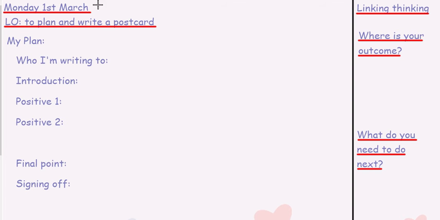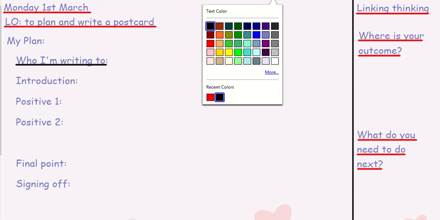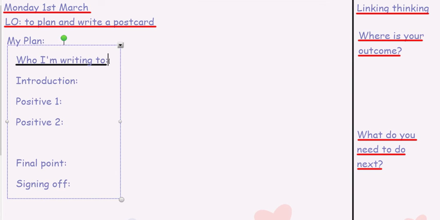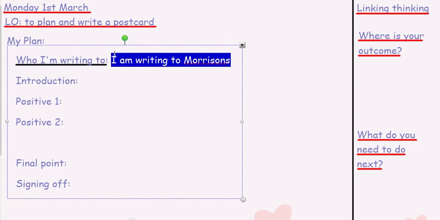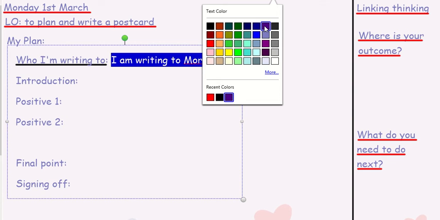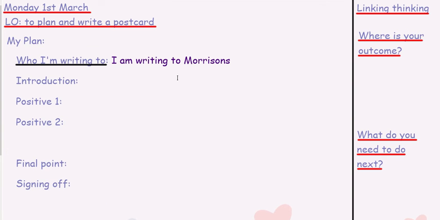Okay, so like I said, I like to underline mine, so I'm going to underline this one in black, and then I'm going to change the colour of who I'm writing to. So who am I writing to? I am writing to Morrison's. Change that colour because I quite like my notes to be colourful so long as they are neat. So there we go.